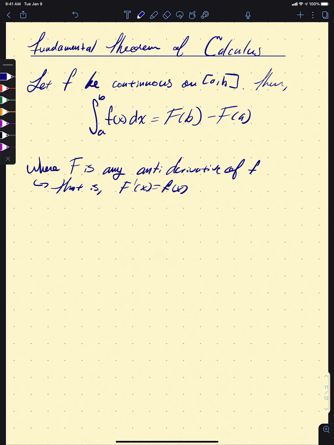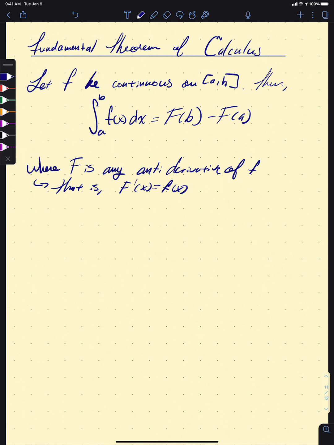So what this is telling us is that definite integrals also have something to do with anti-differentiation. And you may have guessed that based on the fact that they use the same symbol. But it's not necessarily intuitively obvious, right? I'm going to jump into some examples here, and then at the end of the lecture, we'll go through a sketch of an idea of why this might be true.